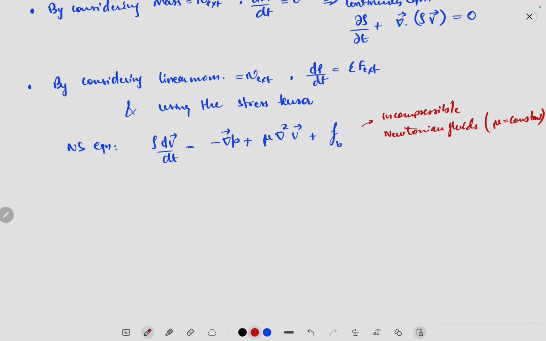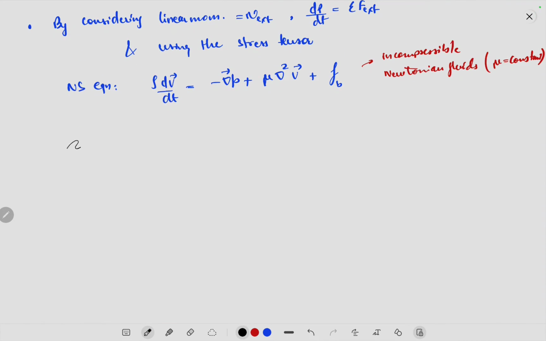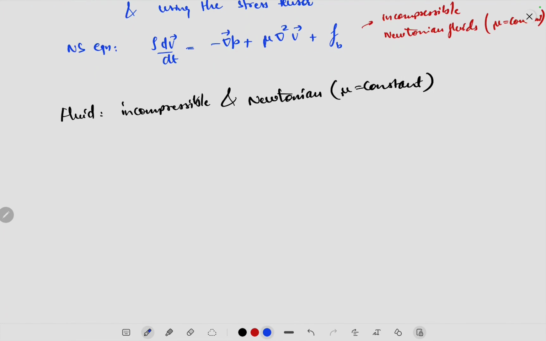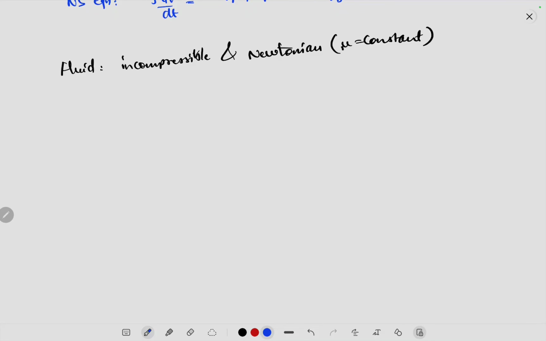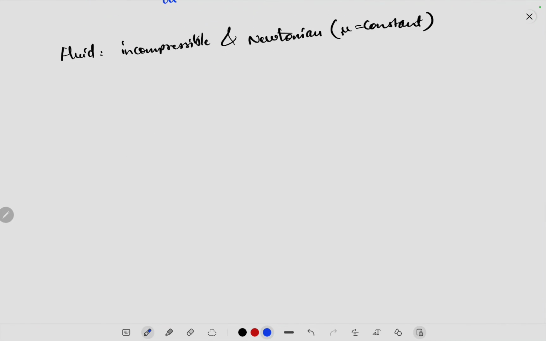So now, if in a question it is given that the fluid is incompressible and Newtonian, that is, mu is constant for that fluid, then we can directly write the differential equations for that fluid element as follows.